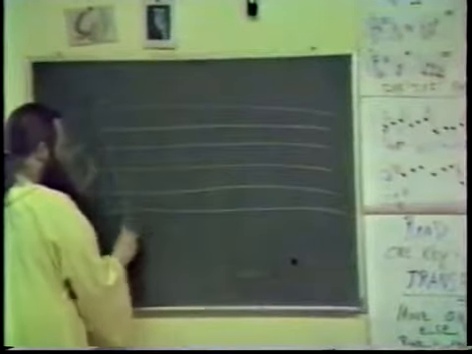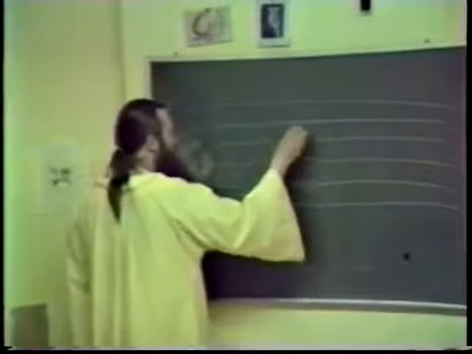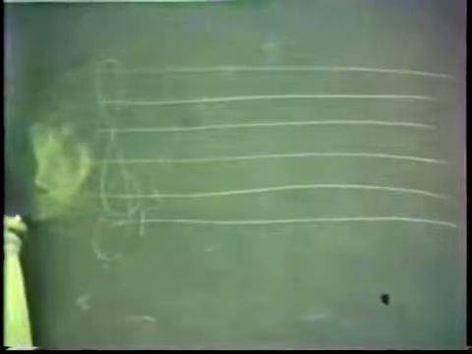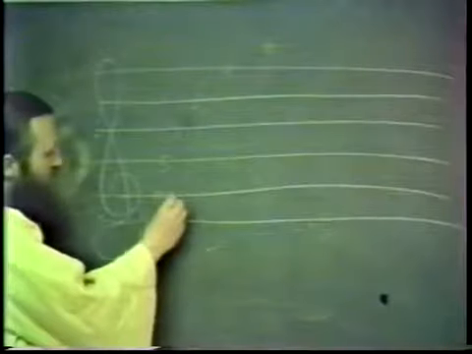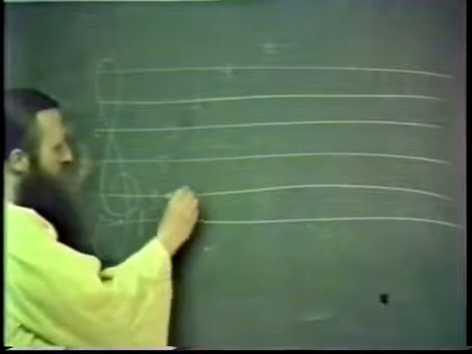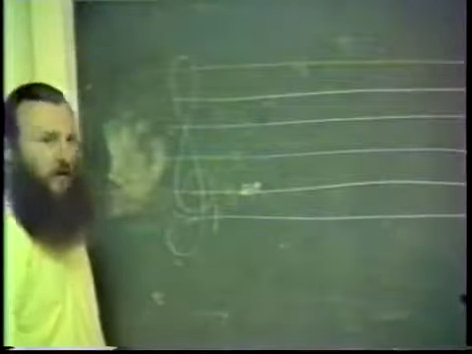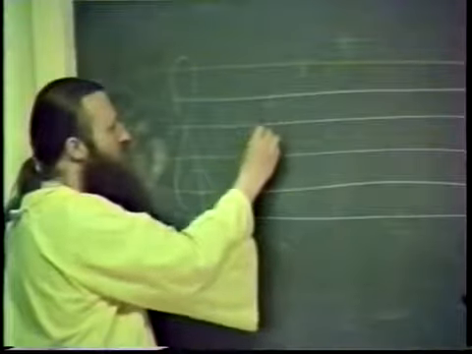Let's say this is 1, 3, 5, 7, 2, 4, 6. The half step must always come between 3 and 4. So that means from here, between this line here, and this space here, is a packet. Okay? And between 7 and 8, there must be a packet.